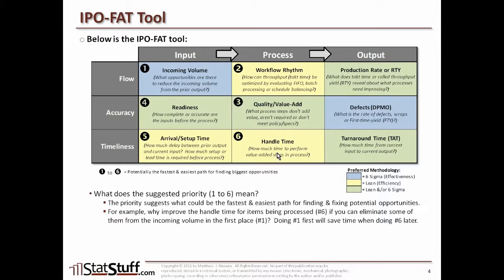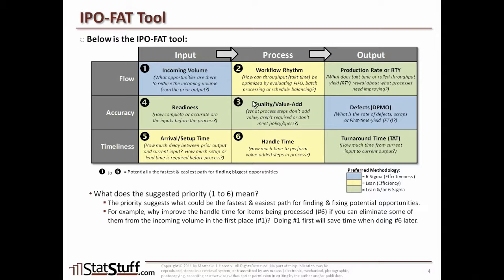So as an extreme example, I might ask, why in the world would I want to spend time trying to improve the handle time, the processing time, for items that I should have never gotten in the first place? It doesn't make sense. So if we can eliminate those items first, then we can spend our time on trying to improve the efficiency or the handle time for the items that we're supposed to be getting.